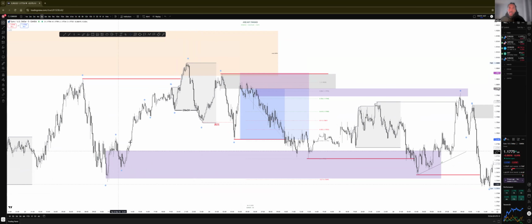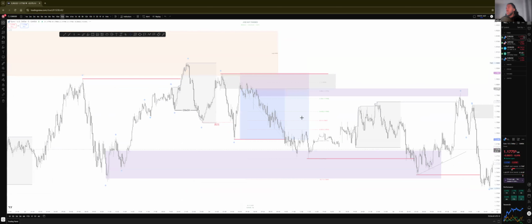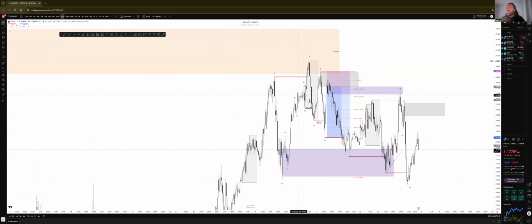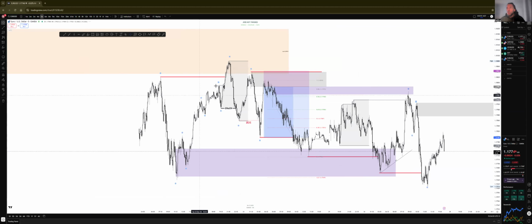You just have to use your highlighter tool. On a higher time frame, you don't see it as clear when I'm on a 15. But when you go to a time frame where structure is more visible, like the 5 minutes and 15 minutes, you can see your high, low, high, and then the change of character followed by your breaks of structure. Okay?